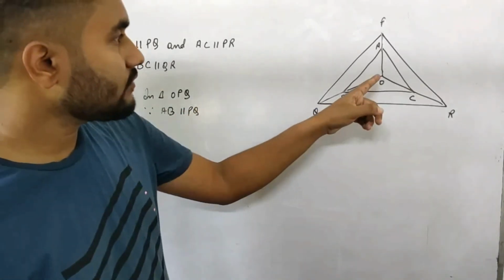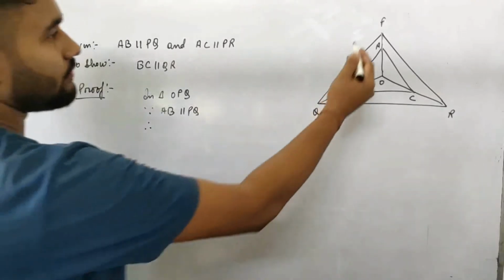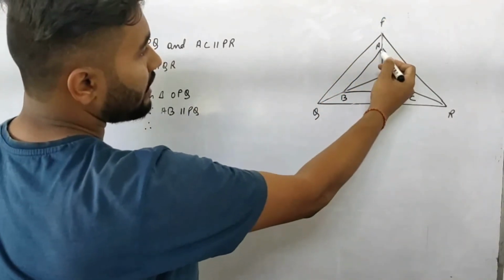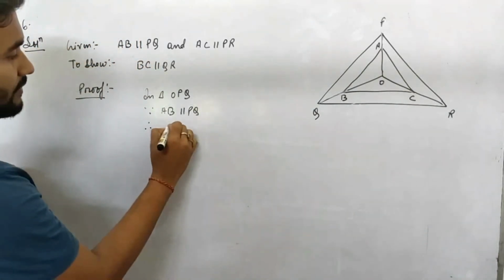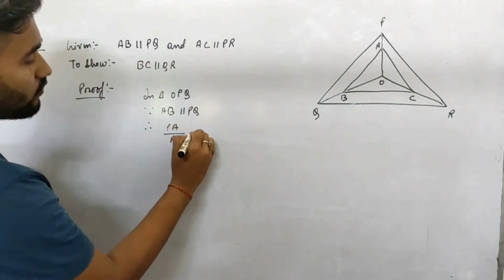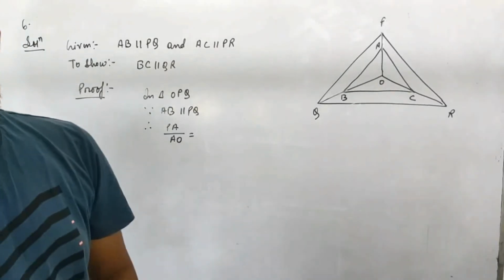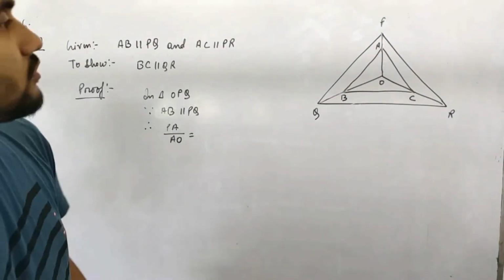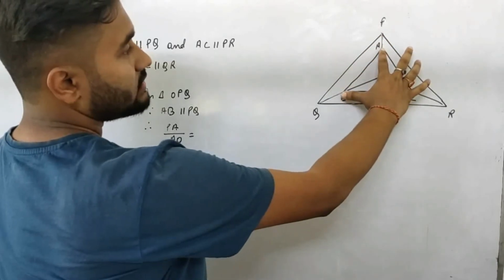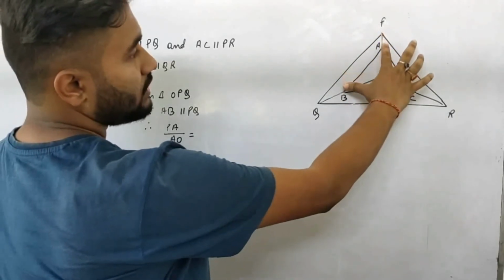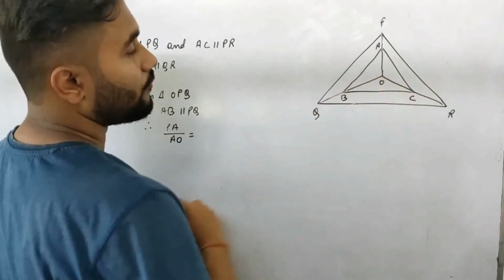I can say, from any side, from this side we will say this time, PA by AO. PA by AO will be equal to, so you see AB is parallel to PQ, right? A is the intersecting point. So P to A, then A to O. Understood?